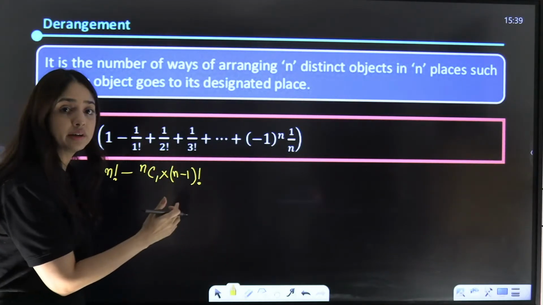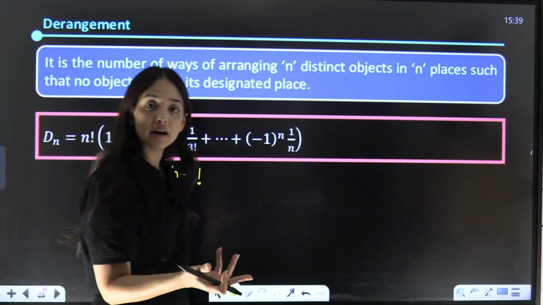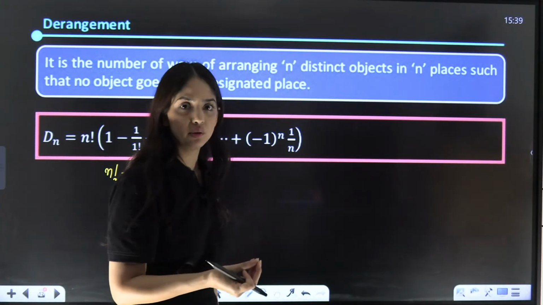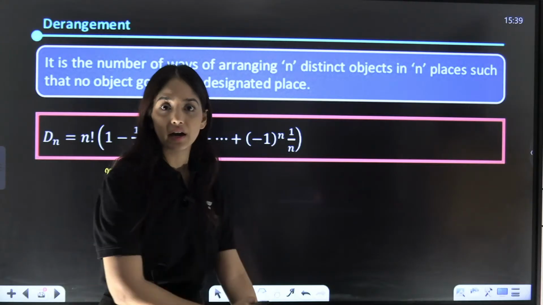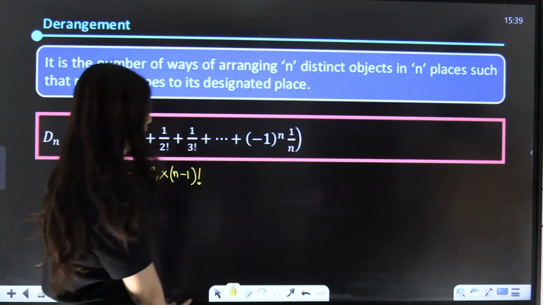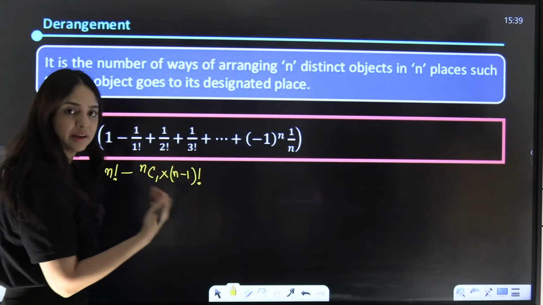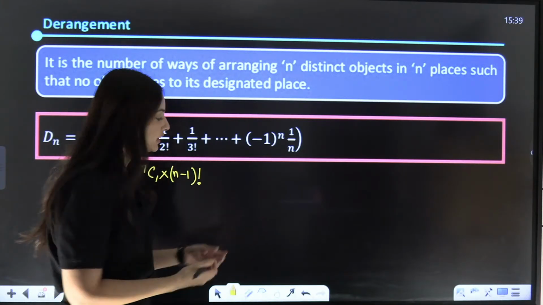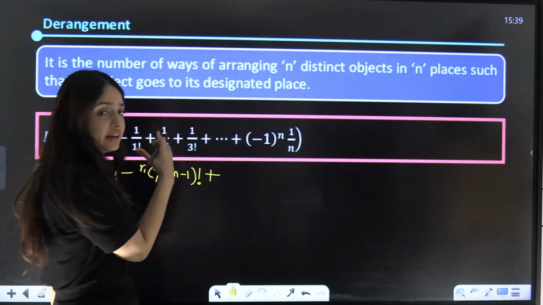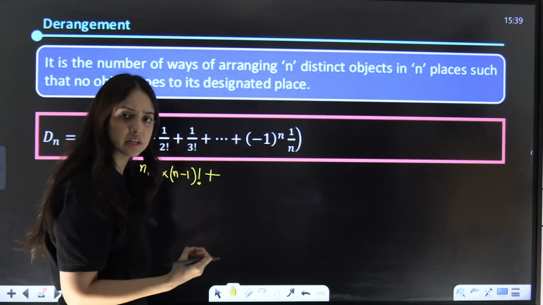But this also includes when two of them are sitting in their original place. We are counting those, right? We are basically repeating certain cases that we are counting. So now we excluded those. Which ones did we exclude?